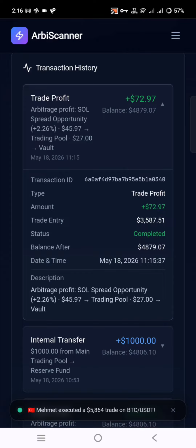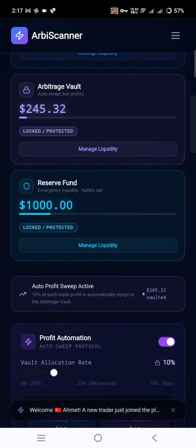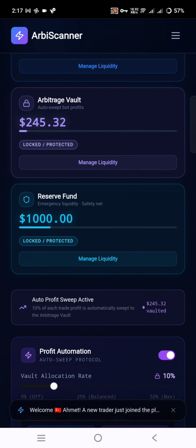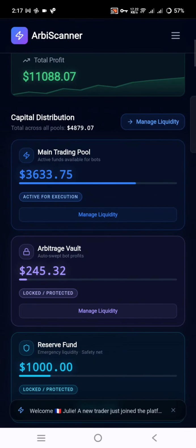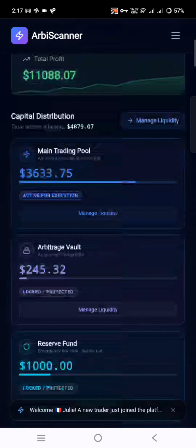The profit was 72.97 USD, and the balance after was 4,879.07. Remember, this balance after, guys, also includes the amount that we have in the reserve and the amount that we have in the arbitrage vault. We also add everything in the wallet. That is why it comes up with this total trading power, guys.